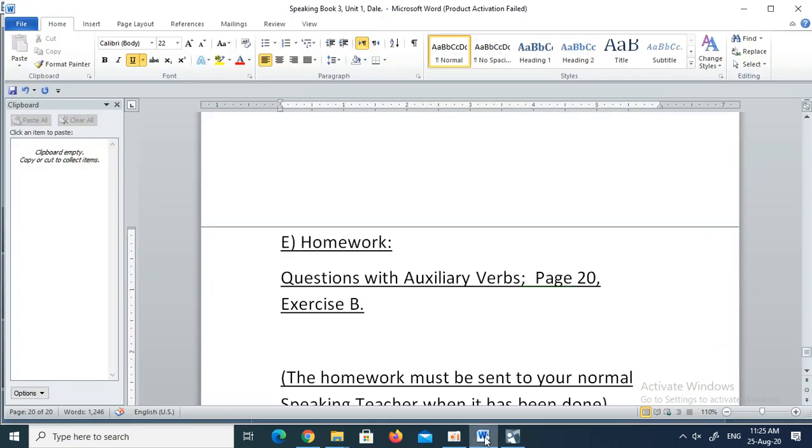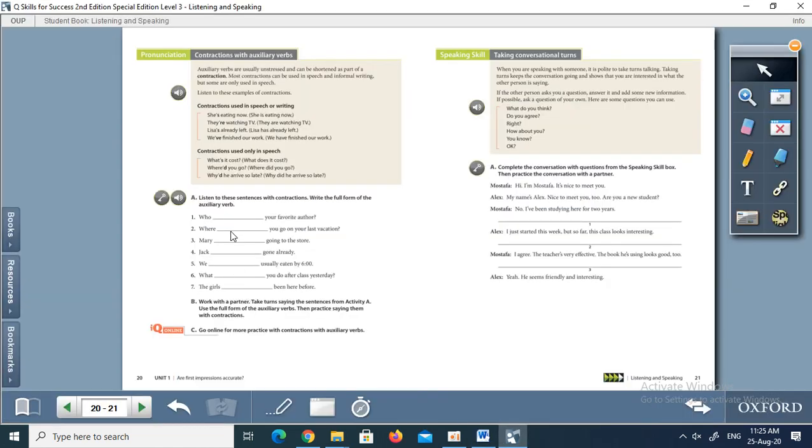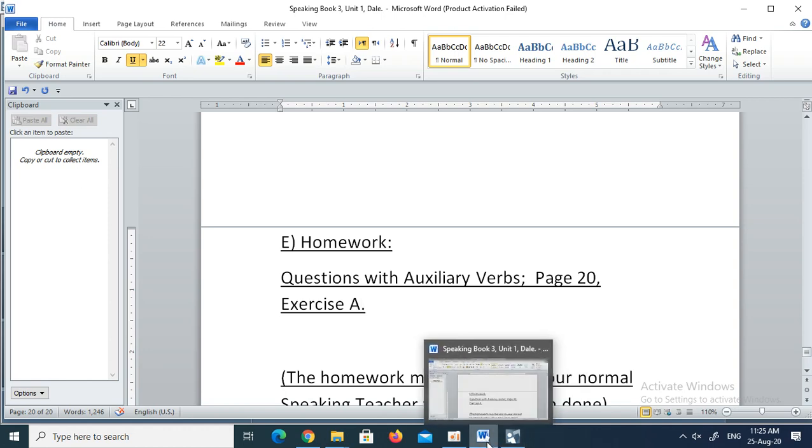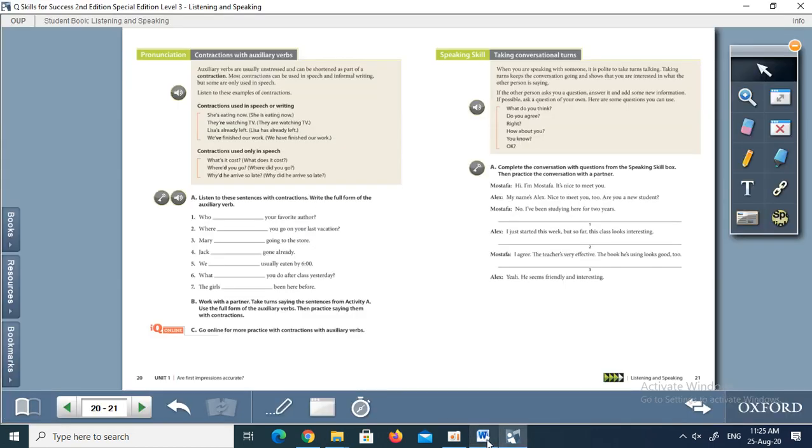Okay, homework is page 20 and it is exercise B. Sorry, it should be exercise A. I beg your pardon. Questions with auxiliary verbs, page 20, exercise A. And it is this exercise here.